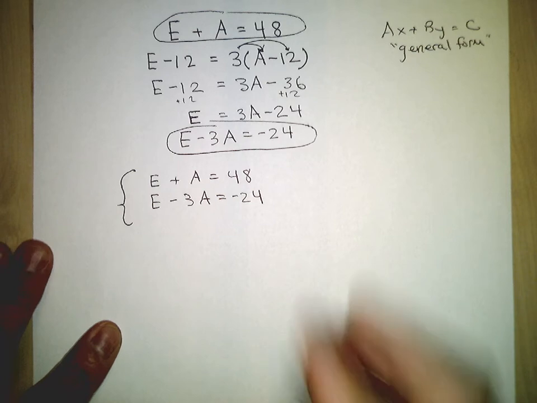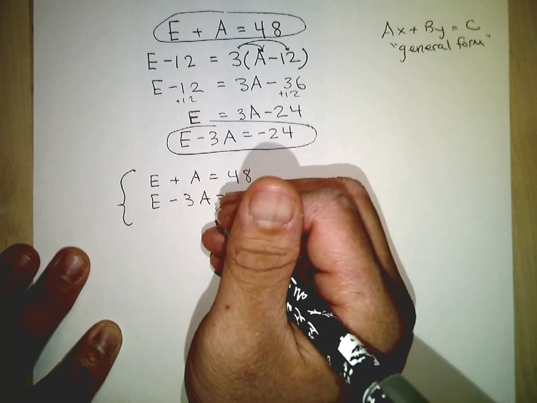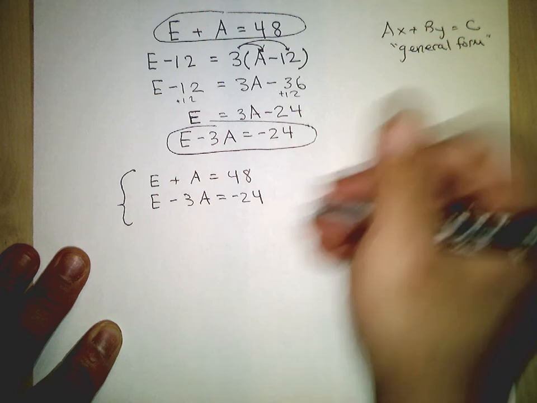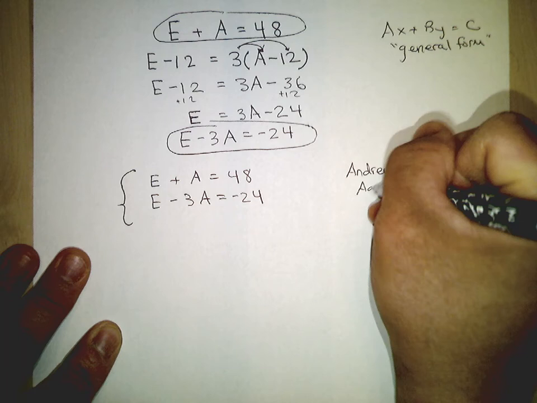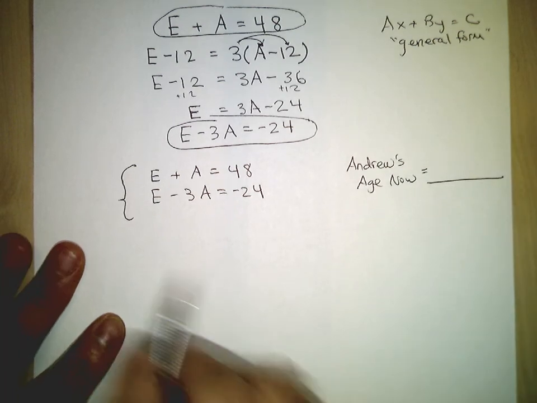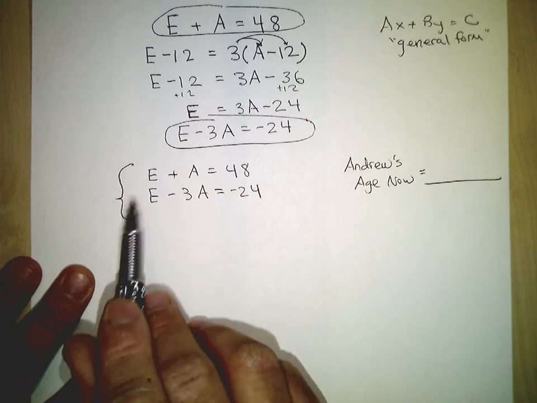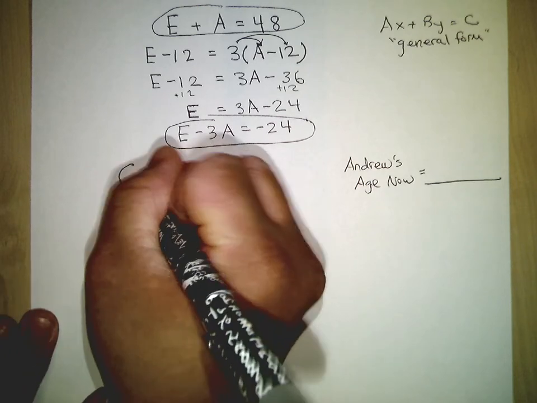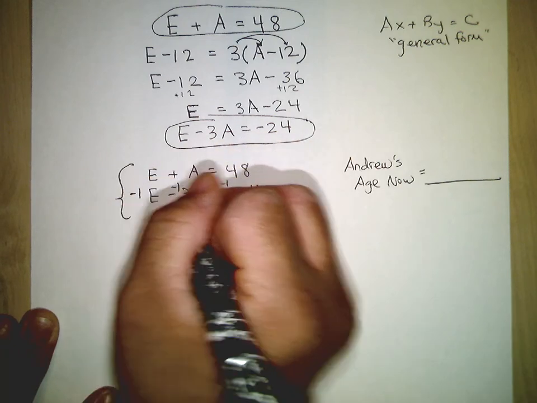Now, let's go ahead and figure out if we can eliminate one of these variables. And remember, we want Andrew's age now, or how old is Andrew now. So we need to really eliminate Emily's age now from the equation. So I can do that by multiplying by negative 1 to eliminate the E's.